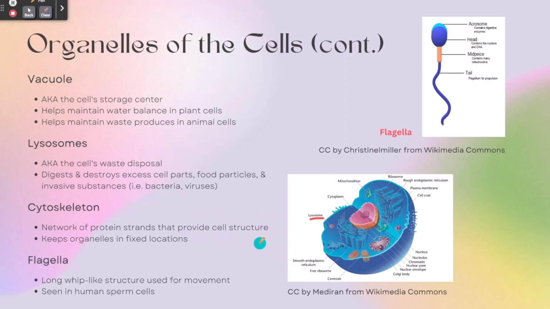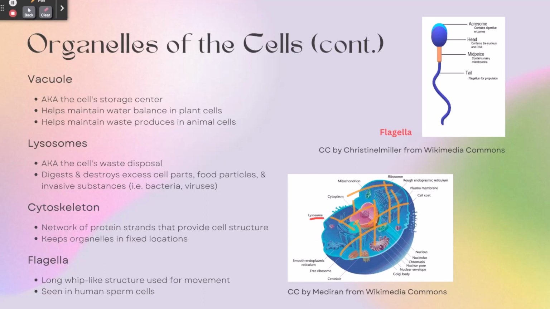The cytoskeleton here, I can't see it on this picture here. It is just a network of protein strands that provide cell structure. So I'll go ahead and try and draw an example. It's just like a whole network of strands that are all over the cell.